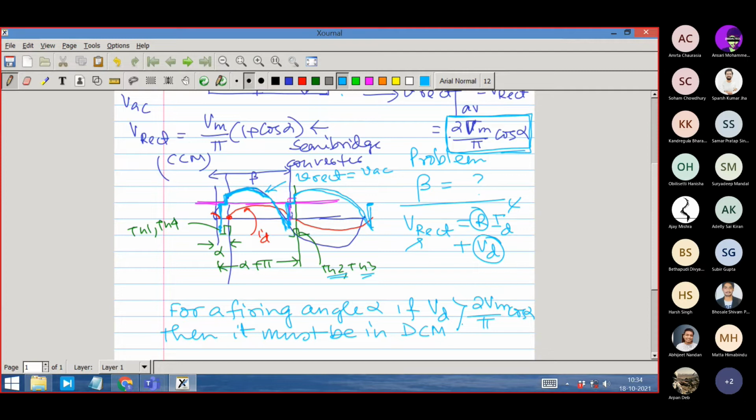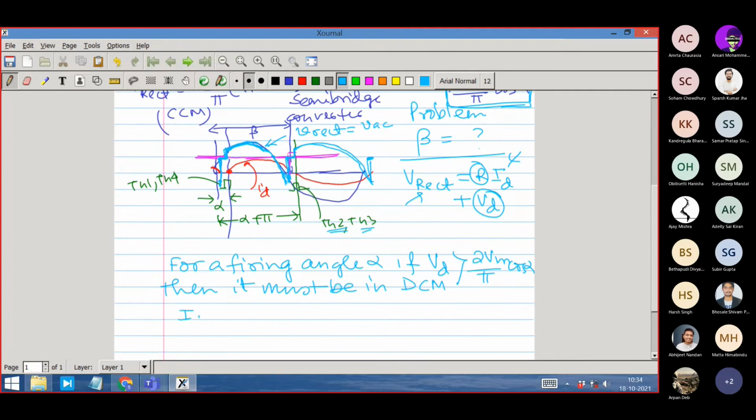But that is not because you can clearly see the other way around. Because the moment it is continuous conduction mode, then what happens in CCM? One thing always has to be ensured, that 2 Vm by pi cos alpha has to be greater than Vd, because in the actual equation it is Vd plus I into R. So at least it is greater than Vd. It must be greater than Vd. Otherwise, it cannot be in continuous conduction mode.